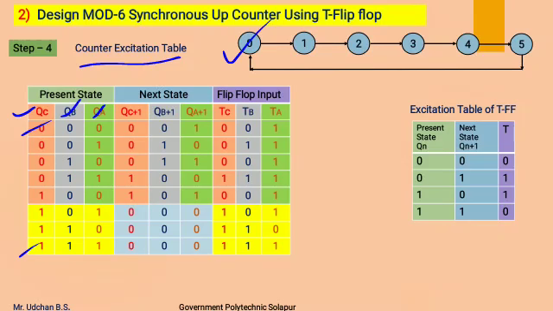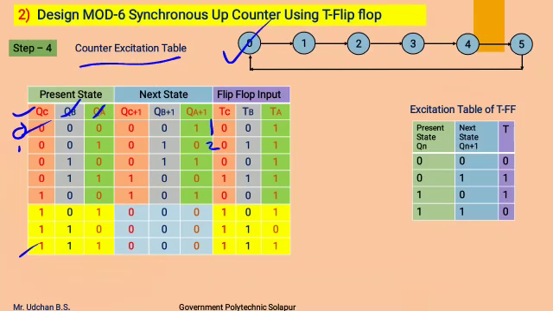Again, the first state is 0, its next state will be 1, that is 001. Next, present state 1, that is 001, its next state will be 2, which is written as 010.